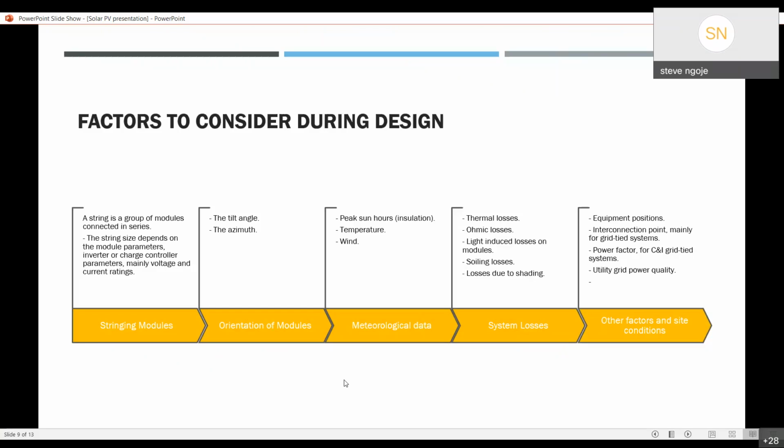So if out of 20 only one is shaded, then the whole plant is going to work at the efficiency of the shaded module. If it's a really thick shade, blocked completely from the sun, and it can barely generate, it's safer to say that your plant is down. You want to avoid shading at all costs.